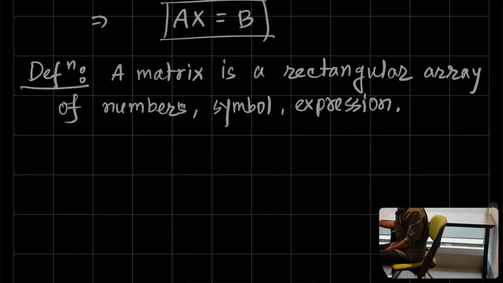This is the definition of the matrix. But for our case, it will always be numbers, and the numbers will come from a field that I still didn't define.